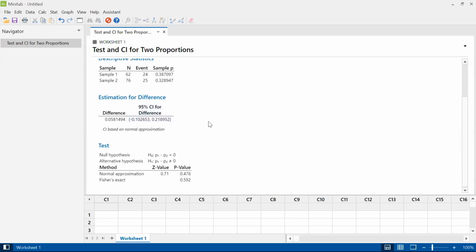So the negative number would mean group 2 is bigger because we're doing group 1 minus group 2. So it could be that the non-preschool group, group 2, is 10% more likely to go to college. Or on the other end, it could be that the preschool group is like 20, 21, 22% more likely to go to college, or anything in between.